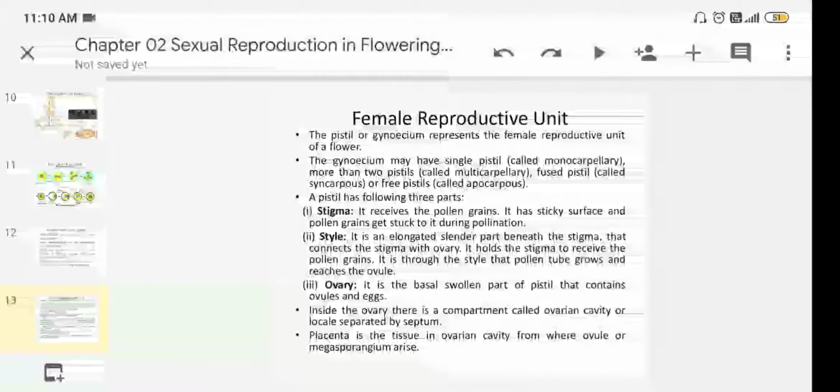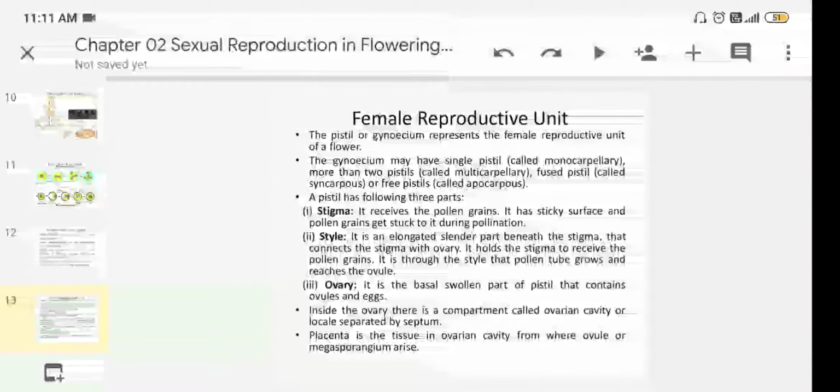A pistil has the following three parts: stigma, style and ovary. Ovary is the basal swollen part of the pistil that contains ovules and eggs. Inside the ovary, there is a compartment called the ovarian cavity or locule, separated by septum, if present.